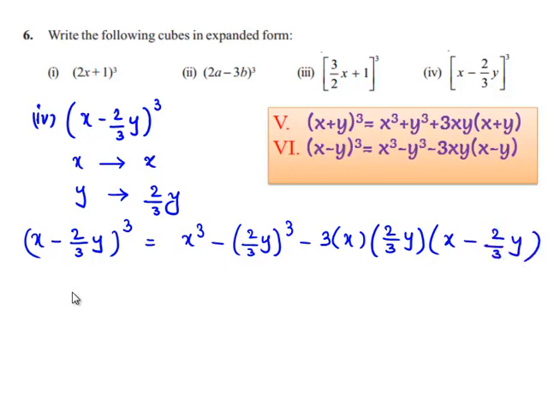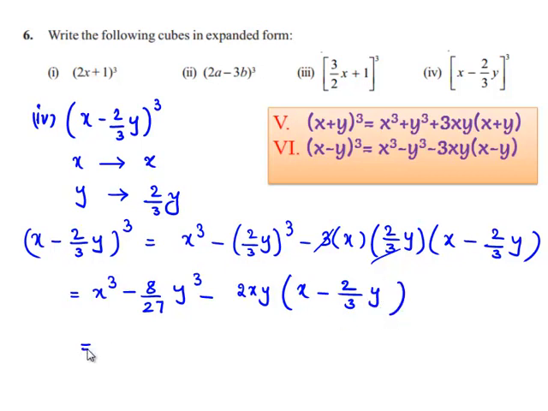So this is in turn equal to x cube minus 8/27 y cube, and 3x multiplied by 2/3 y is, and here 3 and 3 get cancelled, and this becomes minus 2xy multiplied by (x - 2/3 y), and this is equal to x cube minus 8/27 y cube minus 2x square y plus 4/3 xy square.